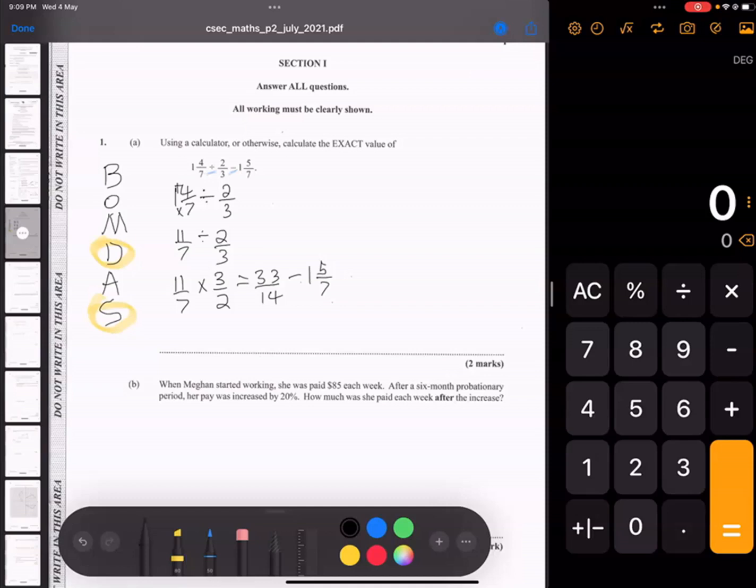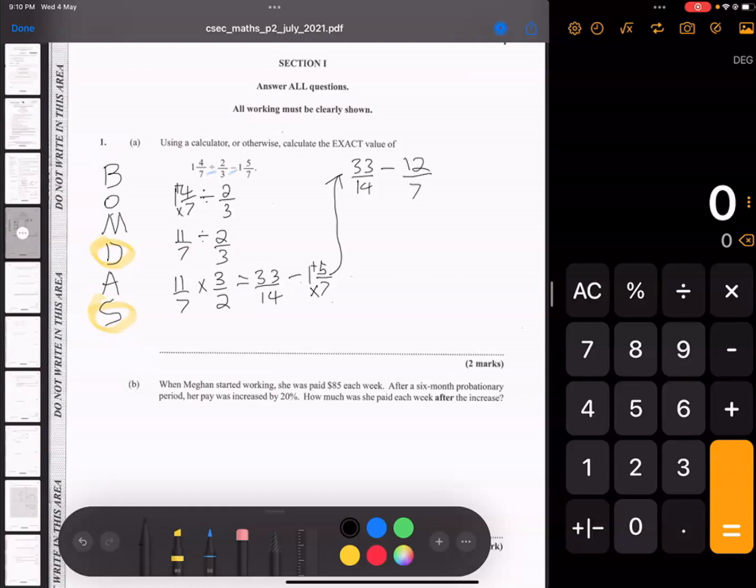We do that by multiplying the denominator by the whole number 1 and then adding the numerator 5. So I'm just going to carry this up here. 7 times 1 is 7, plus 5 gives us 12. So then we'll have 12 over 7.